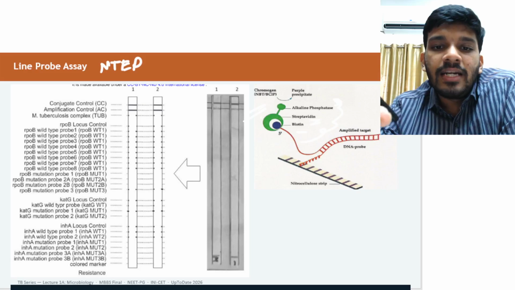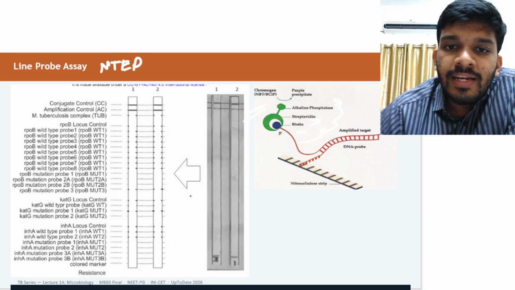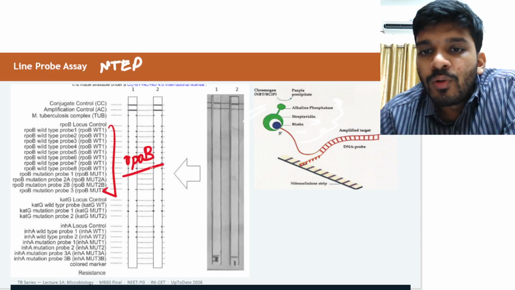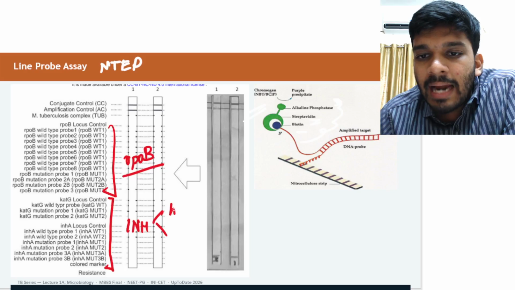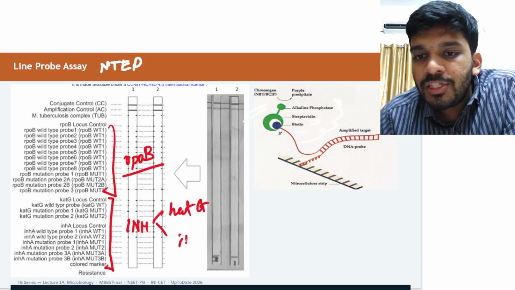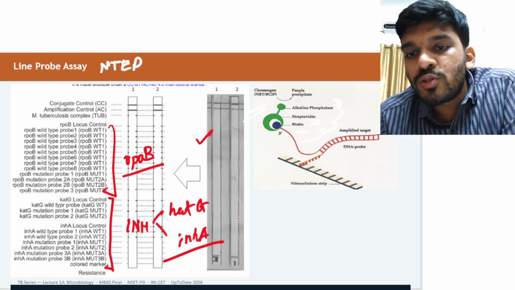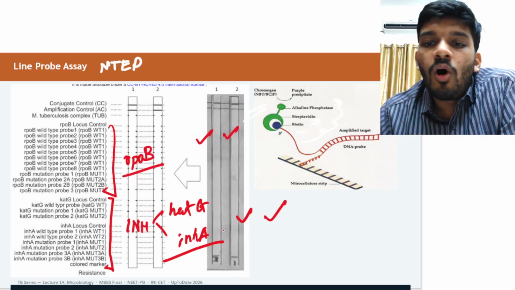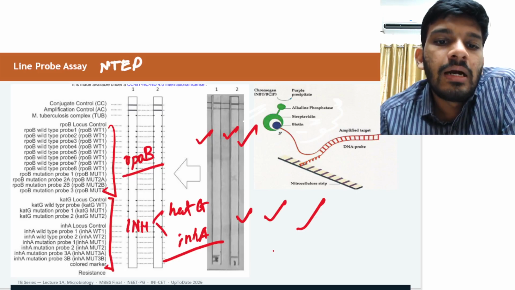Based on that, it identifies mutations and screens for rifampicin resistance, through all of these RPOB mutations. For isoniazid, it screens using CAT-G and INHA. So the result will be rifampicin resistant isoniazid sensitive, or rifampicin sensitive isoniazid resistant, or resistant to both, based on which all your categories have come up.